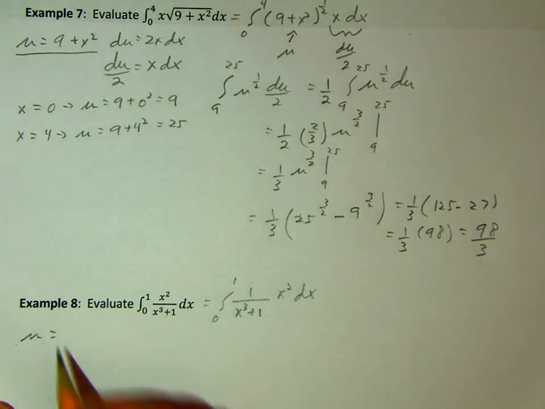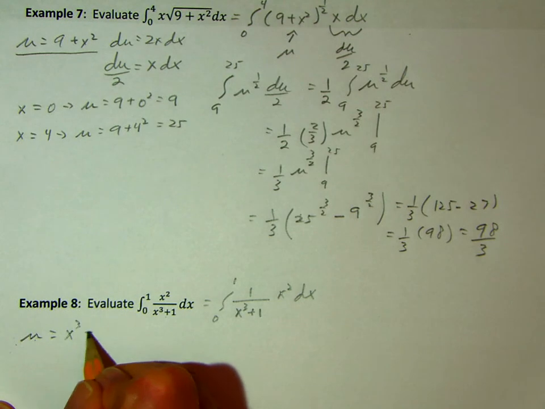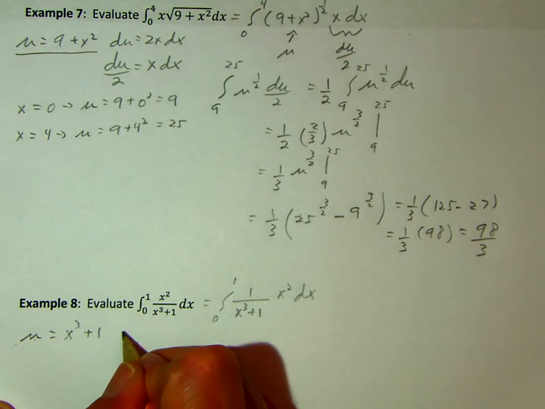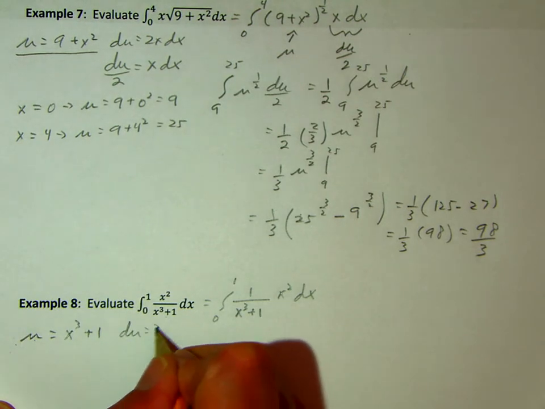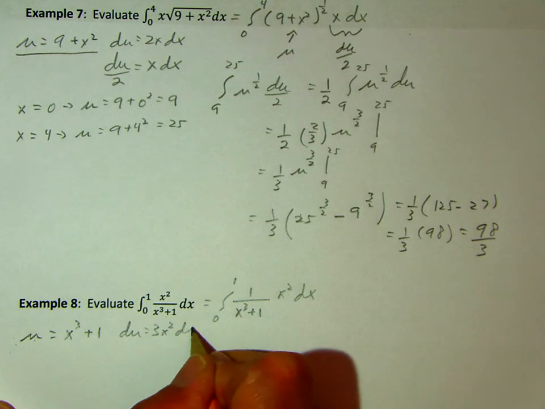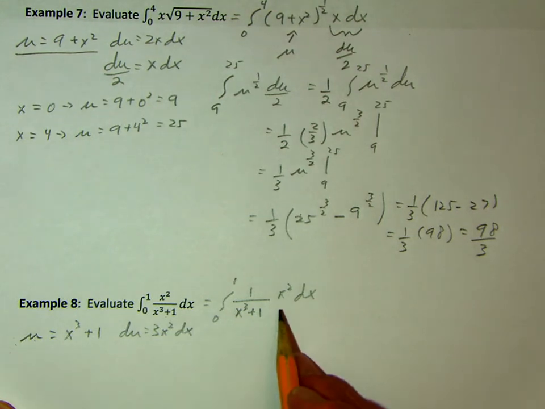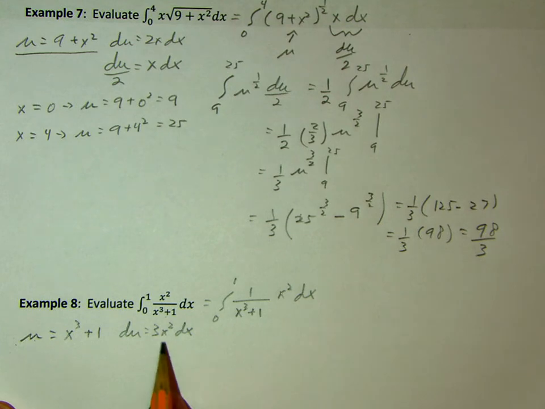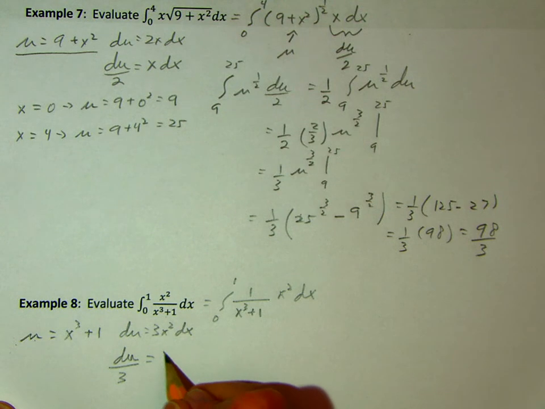So if u is x cubed plus 1, then du would be 3x squared dx. And I can see here I've got an x squared dx. So I'm going to divide both sides by 3. So du over 3 is x squared dx.